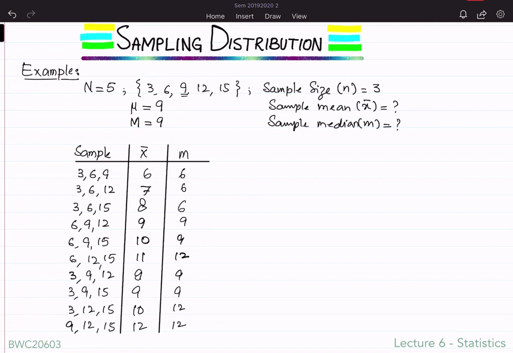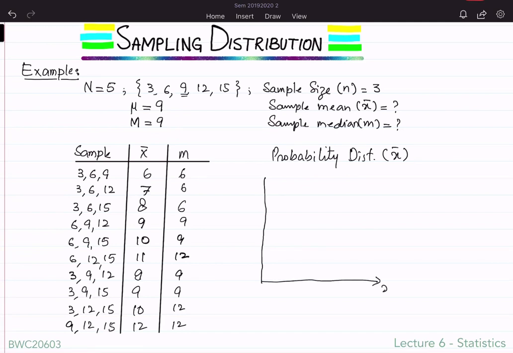Now we have to find the probability distribution for each of them. First, the probability distribution, which will be called the sampling distribution, of the mean, like this.